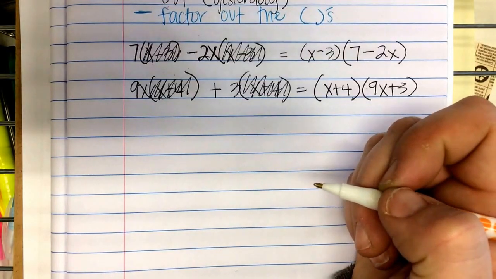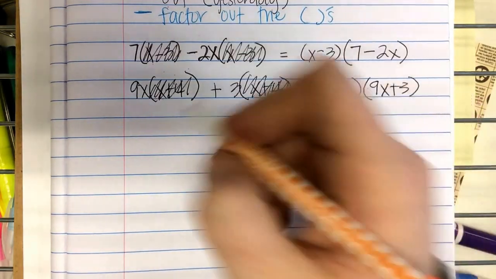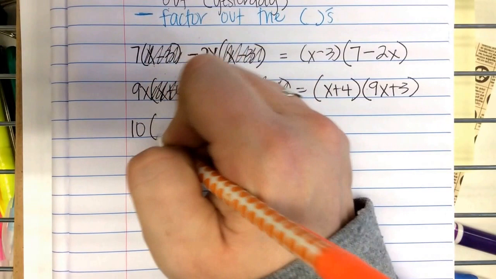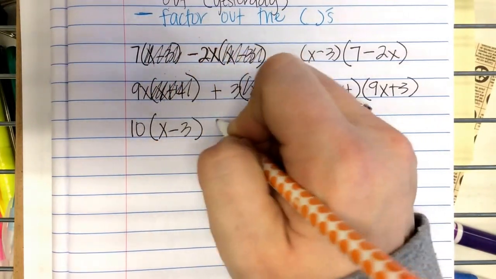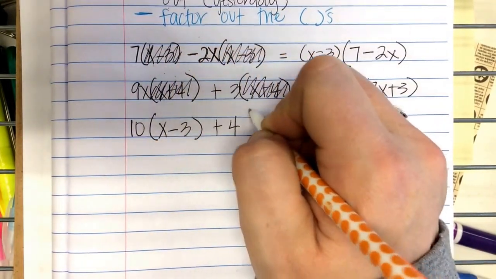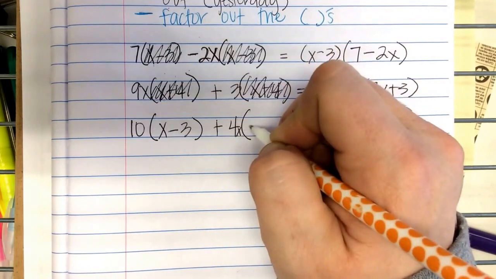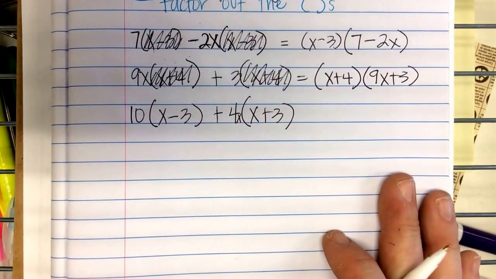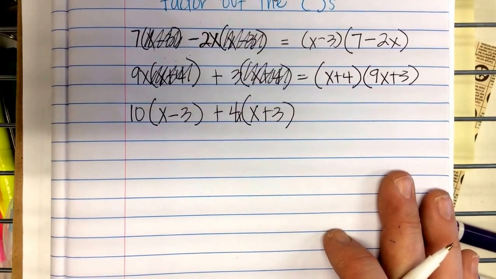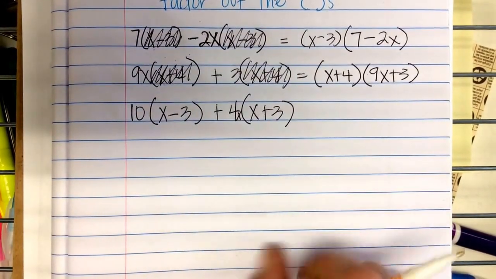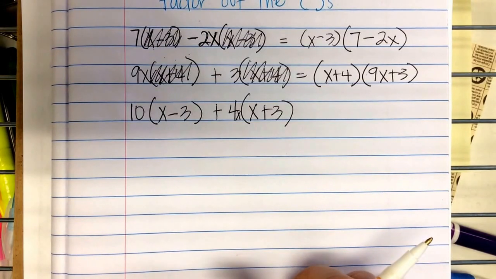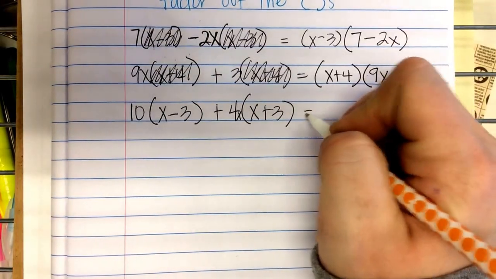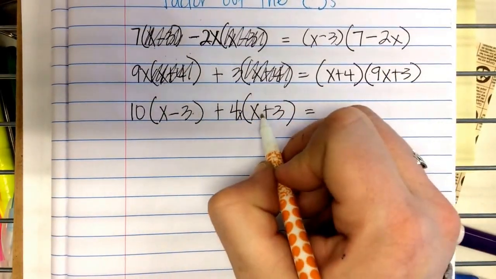Yes. Will they always be the same in parentheses? No. So what if it looks like this? Do they share anything? Do they share parentheses?